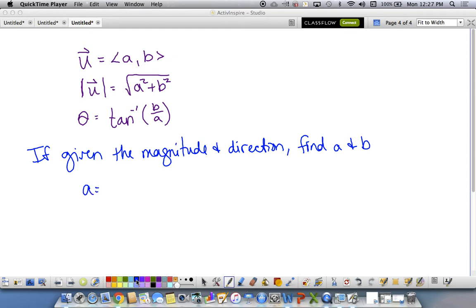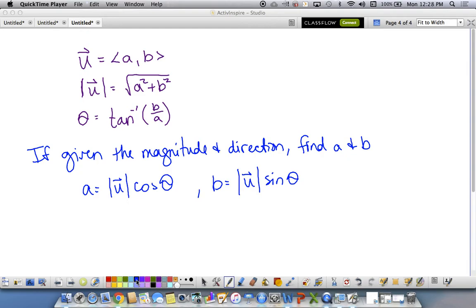A equals the magnitude of U times cosine of theta. Remember, A is the one next to it. Cosine relates to the adjacent. And B is the magnitude of U times sine theta.